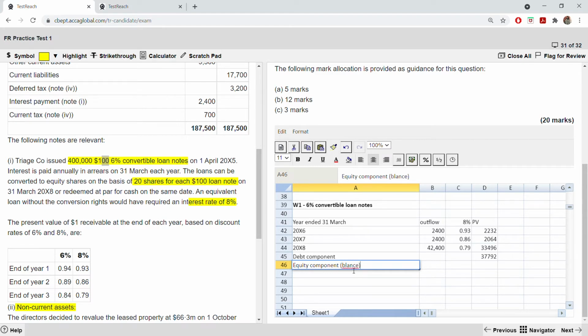Equity component is the balance. Okay, what is it? What is the process of issue? This has to be 40 million, right? That means 40,000. But out of it, it is this, because this one is known as the proceeds of issue.